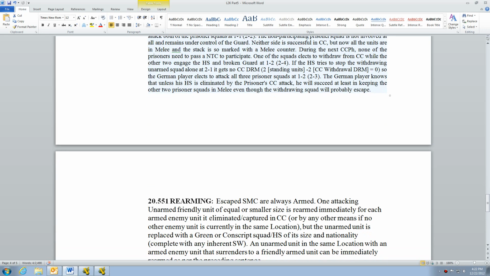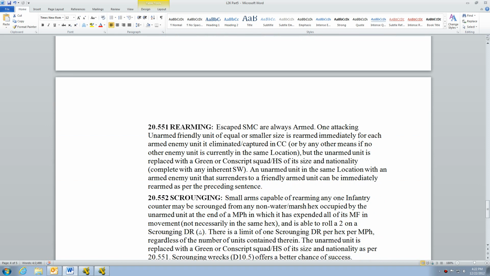Basically, once they have escaped and rearmed themselves, you're going to replace your squad or half squad with a green or a conscript, depending on your nationality, squad or half squad.